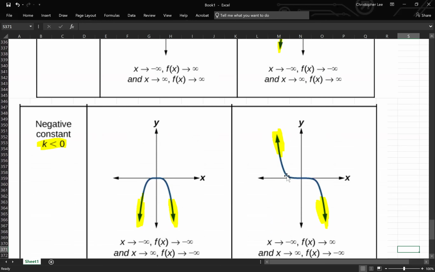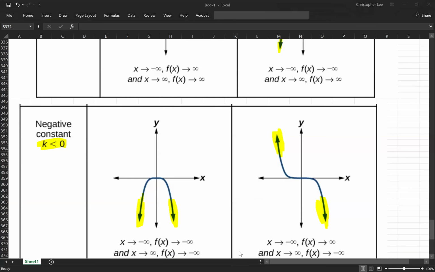That number doesn't matter. All we care about is the sign of it. Positive or negative.